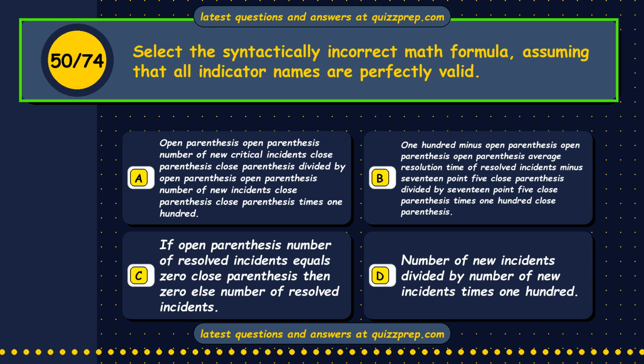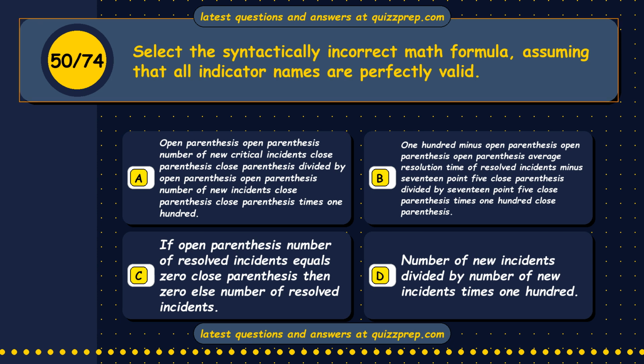Option A, open parenthesis number of new critical incidents close parenthesis divided by open parenthesis number of new incidents close parenthesis times 100. Option B, 100 minus open parenthesis average resolution time of resolved incidents minus 17.5 close parenthesis divided by 17.5 close parenthesis times 100 close parenthesis.